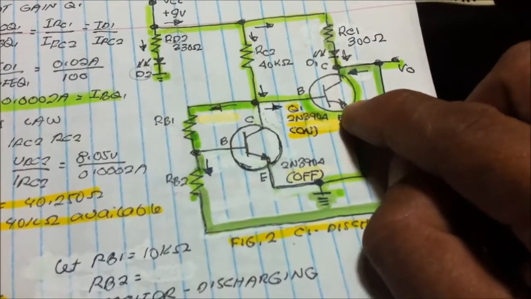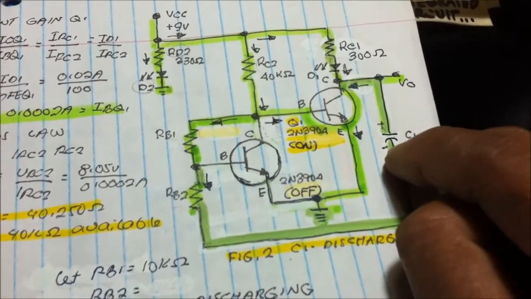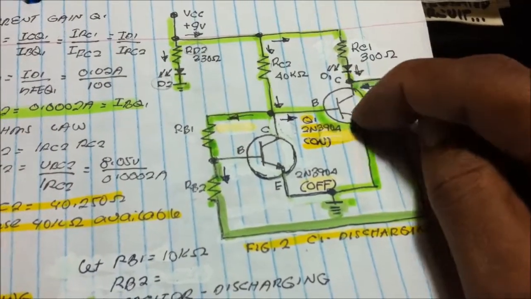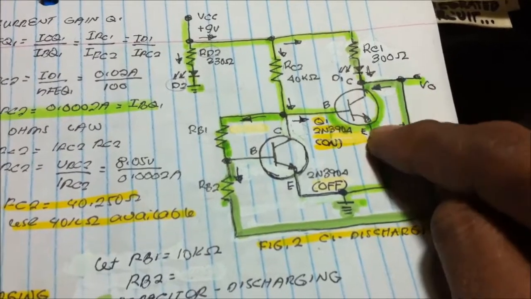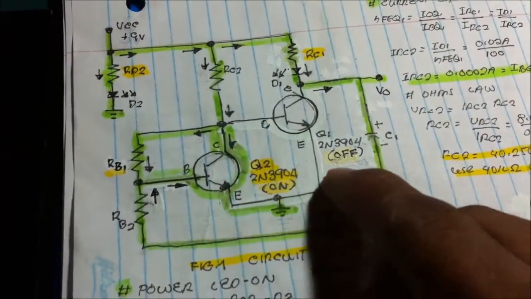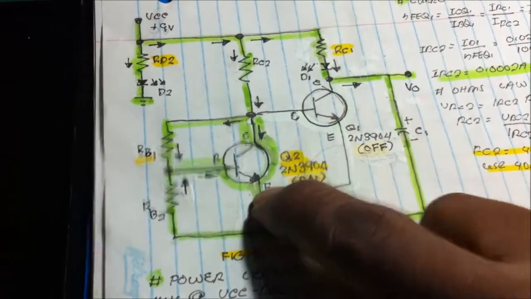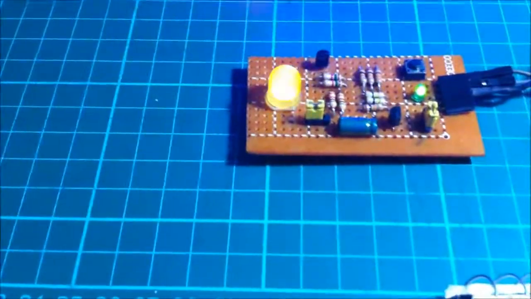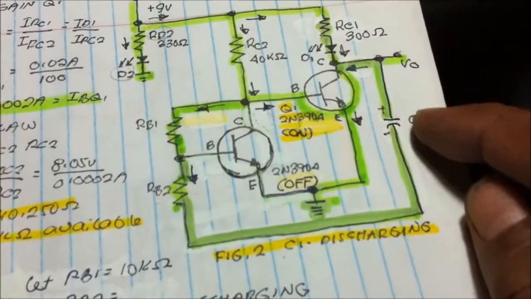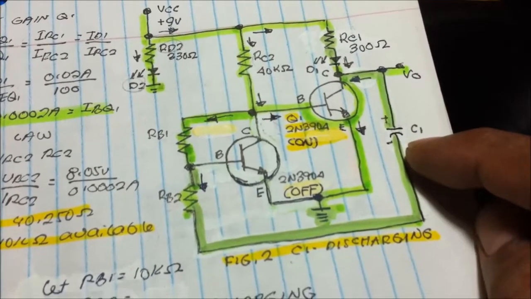Now this is on, making this off because the capacitor now is discharging, dumping to the ground, making this one on. While the capacitor is charging here, this one is off, this is on. So the LED turns on and off due to the discharging and charging of the capacitor.